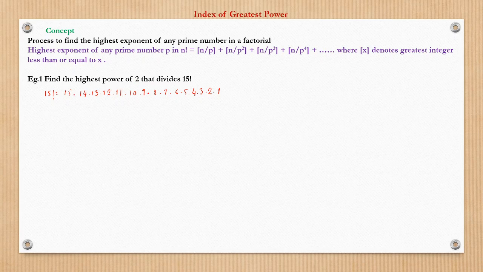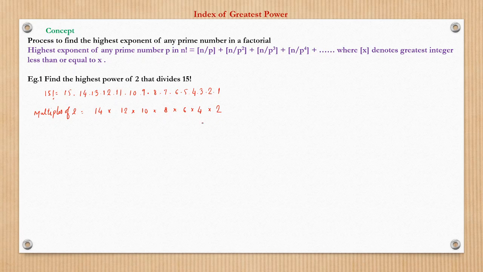So it means we have to look at those numbers which are multiples of 2. So what are the multiples of 2? Multiples of 2 in this would be 14 into 12 into 10 into 8 into 6 into 4 into 2.